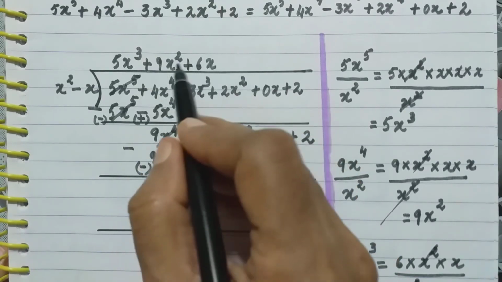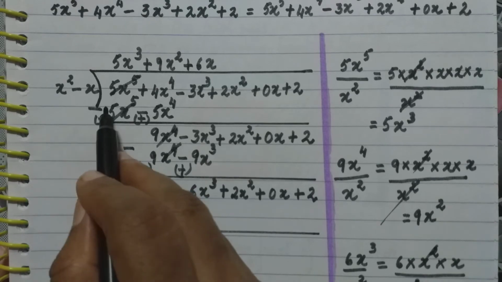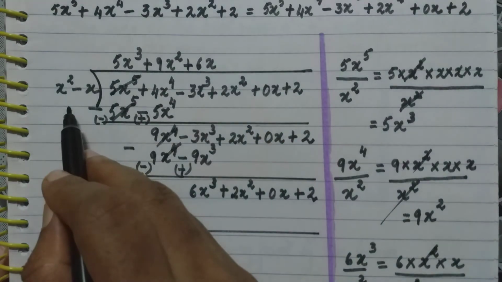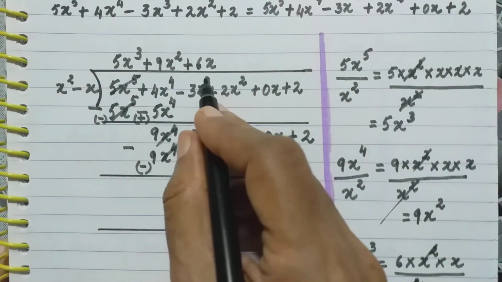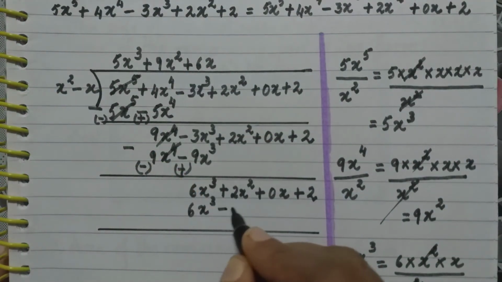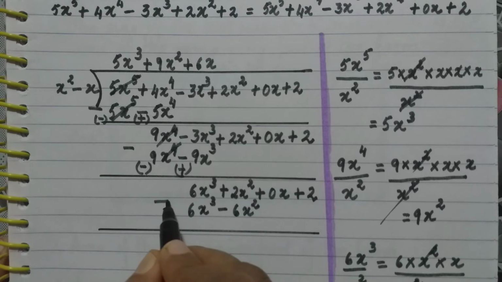Now this 6x multiplies with both the terms of the divisor, x square minus x. 6x into x square is 6x cube. 6x into minus x is minus 6x square. Now we have to subtract here.